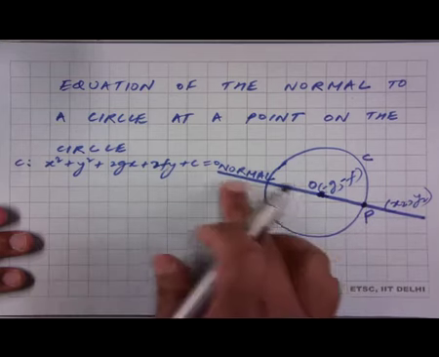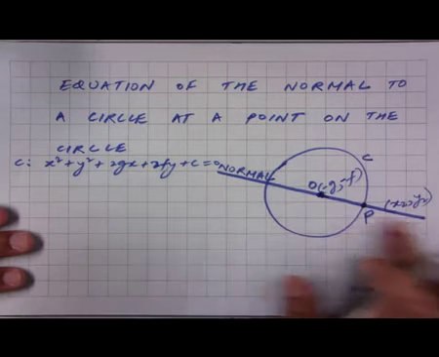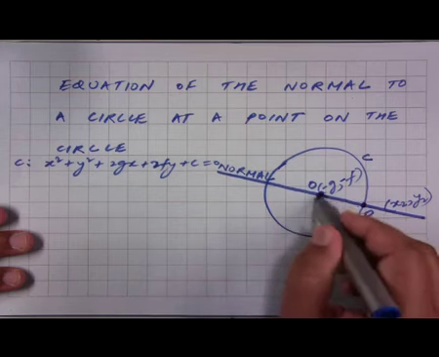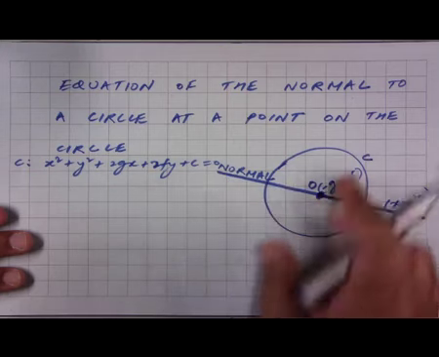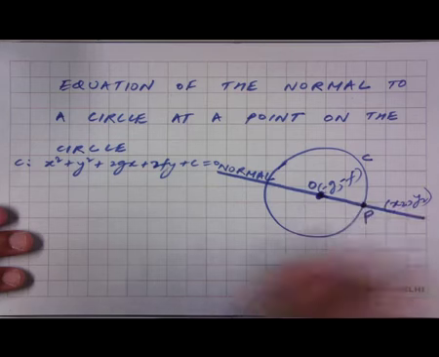Then our objective is to find the equation of the normal to the circle at the given point P.